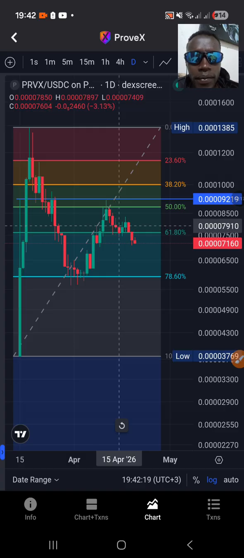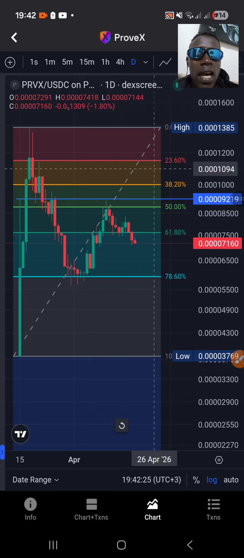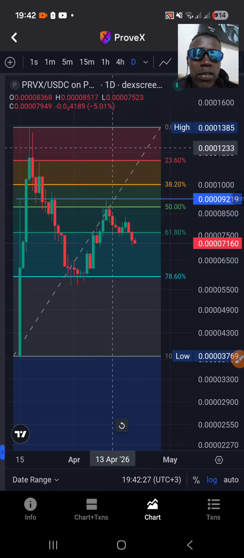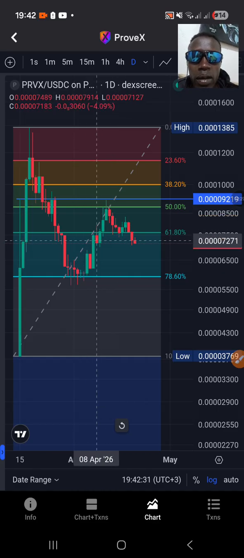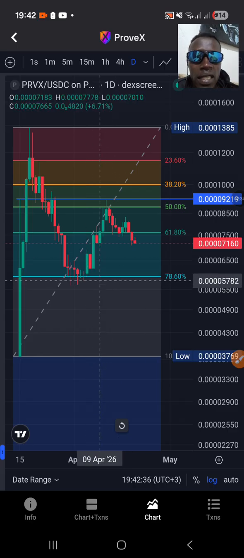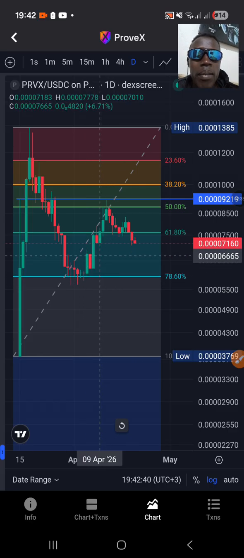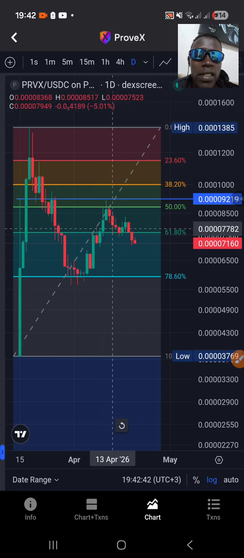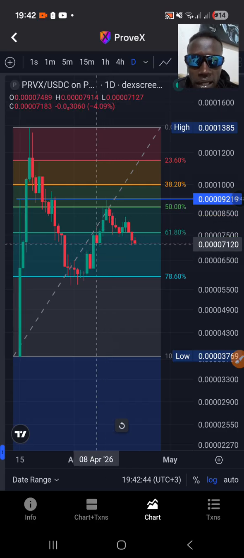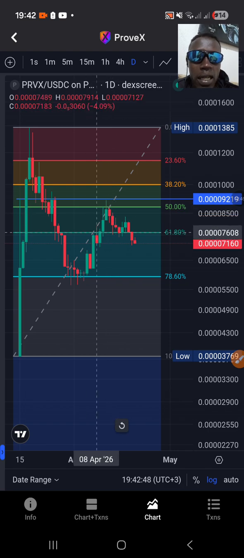Since then price has had this downward movement, and now we are able to measure it using the Fibonacci retracement tool. You can see price reached this level around the 78.6% Fibonacci retracement level, and after that price has been on a bullish trend for a few days.